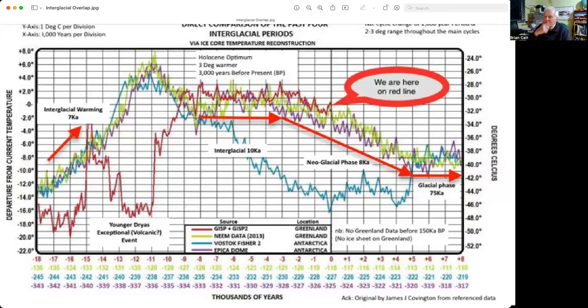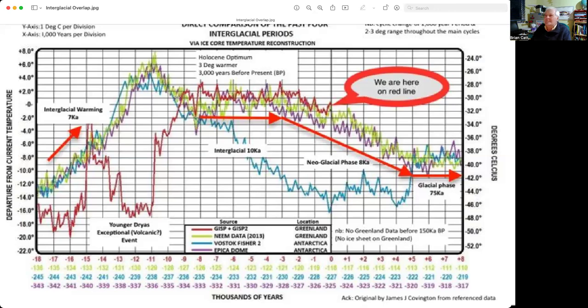Our interglacial didn't quite make that cut. For some reason, something went horribly wrong in this Younger Dryas period. Geology doesn't have an explanation. But the interesting thing is it knew where it was going, because it ended up back on track about 9,000 years ago and has been generally following what the other periods did.